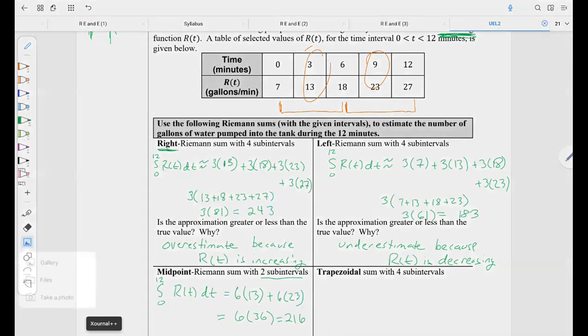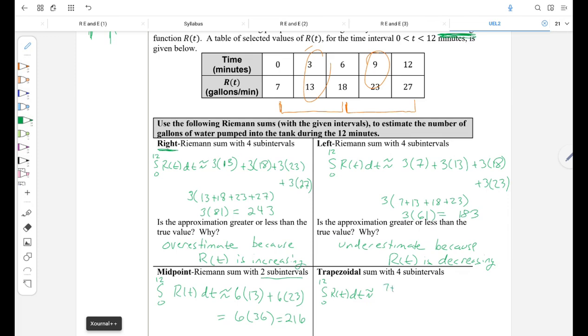Trapezoidal is the most work. I'm going to fix my equal sign in my work there and make it approximate. So we need to get the average of the bases. It's 20, and the average of that is 10.